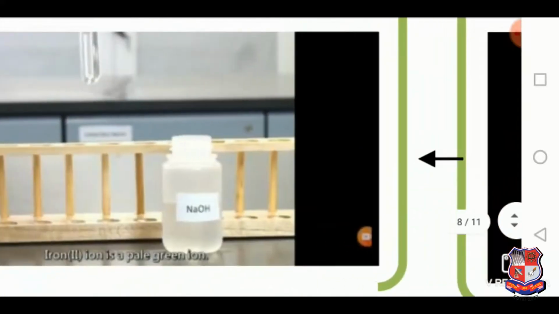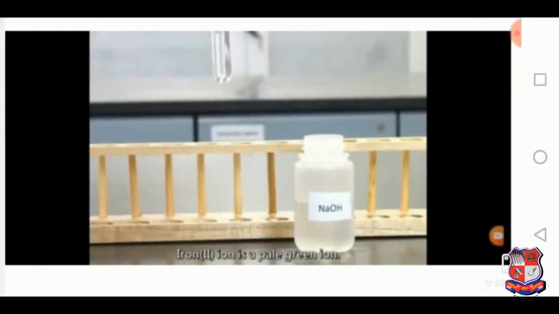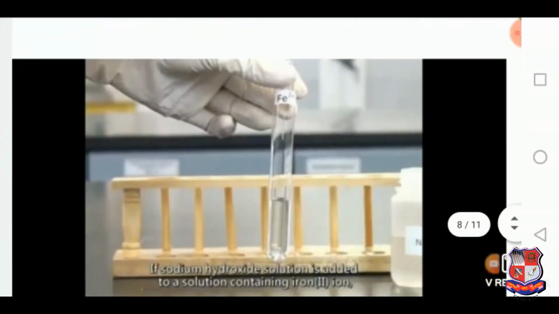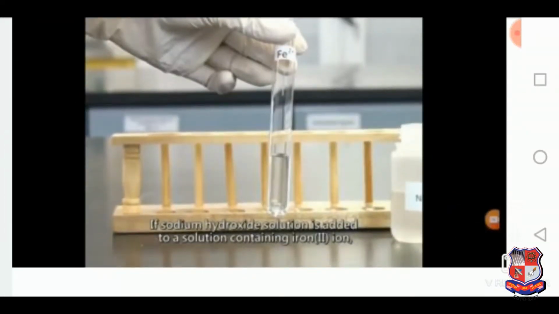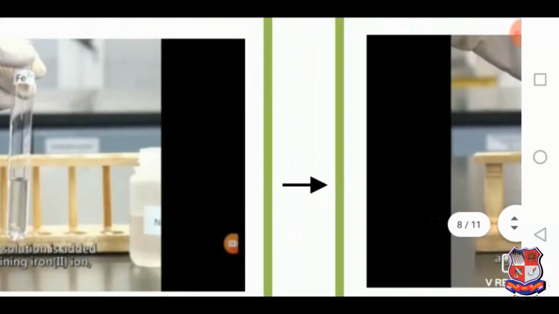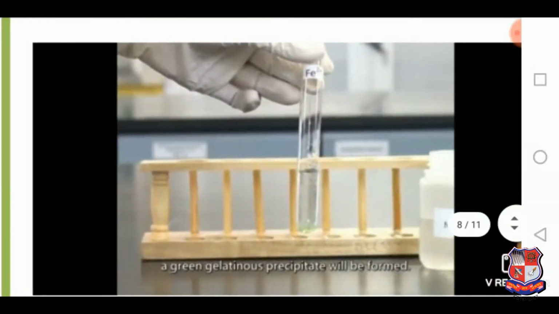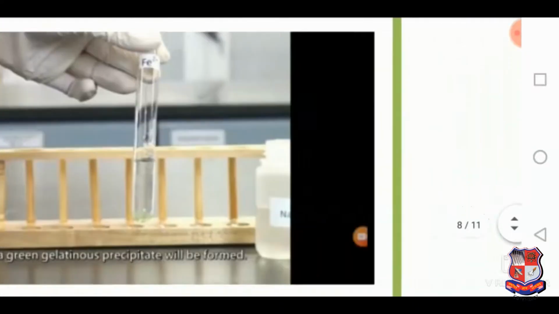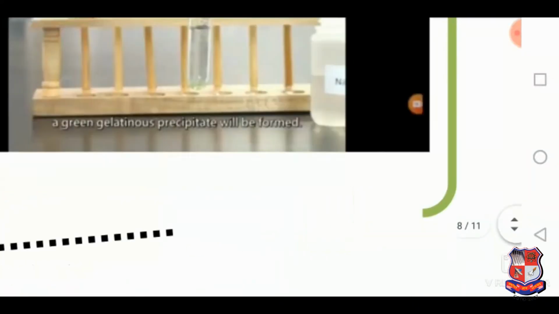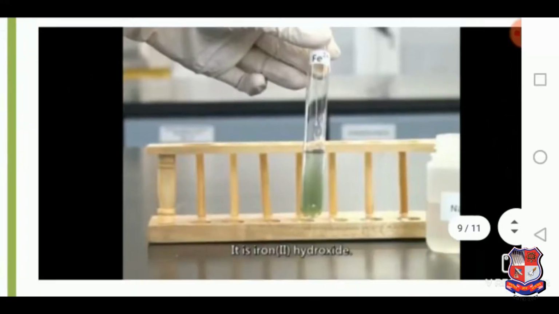Iron II ion, Fe2+. Iron II ion is pale green ion. If iron II ion is reacted with sodium hydroxide solution, then green gelatinous precipitate will be formed. It is iron II hydroxide.